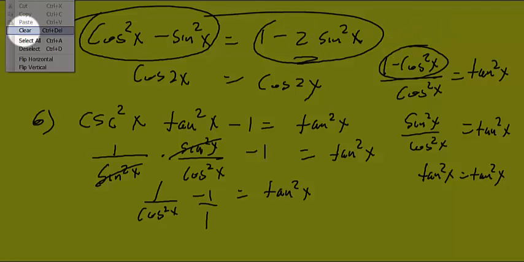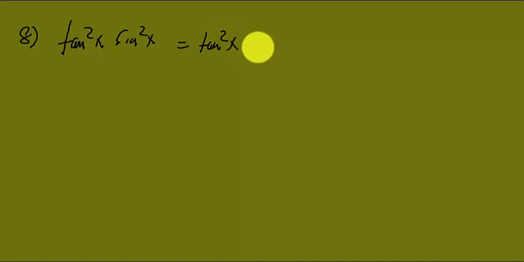Alright, number 8. We have tangent squared x times sine squared x is equal to tangent squared x minus sine squared x. Again, if I have no clue what to do, just turn everything into sine and cosine and start doing algebra.